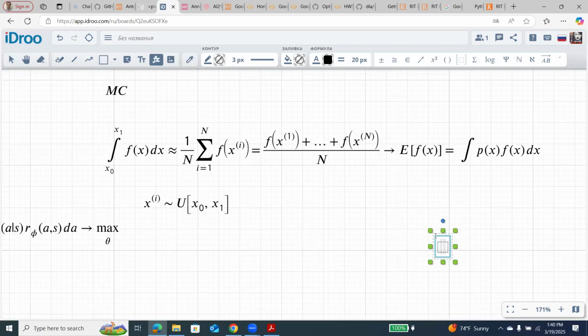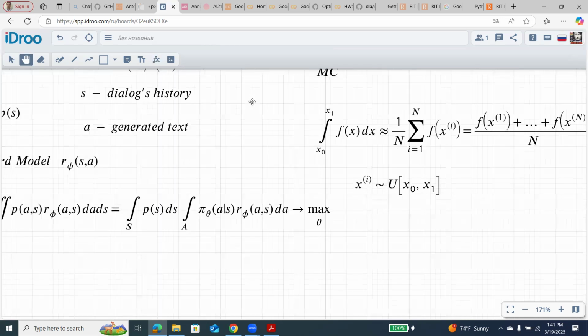It's 1. Okay, so we use p as 1 here. In general, you can calculate any arbitrary integral, but in that case you will need to sample x not from the uniform distribution, but from the distribution P. So this is the idea of how to estimate the integral with the sum.